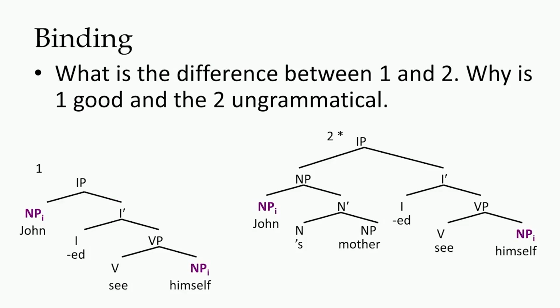However, even though NP John is co-indexed with the NP himself in structure 2, because NP John does not c-command the NP anaphor himself, structure 2 is ungrammatical.